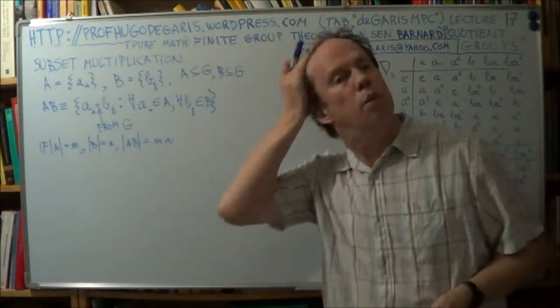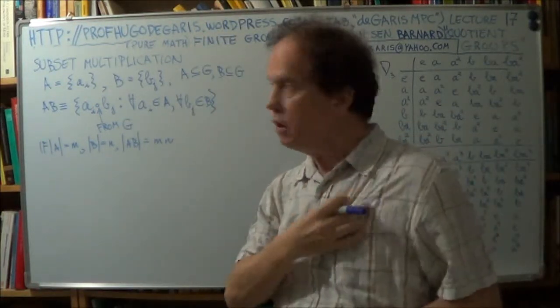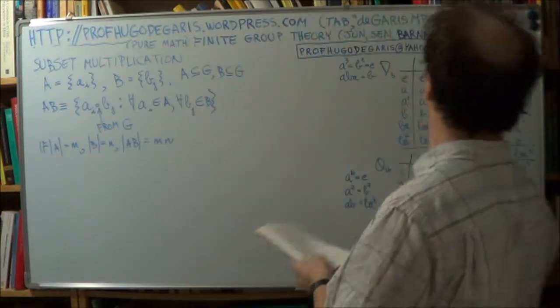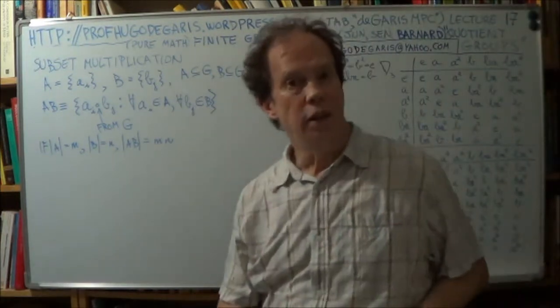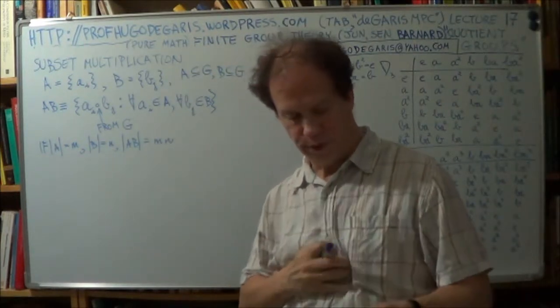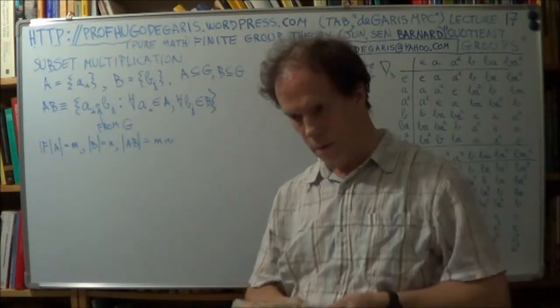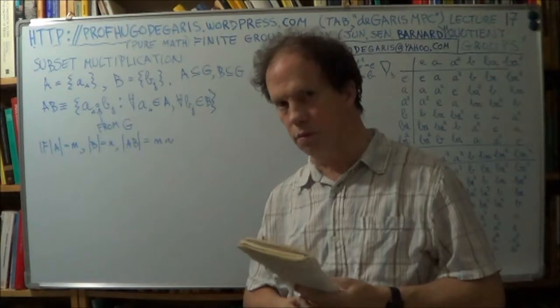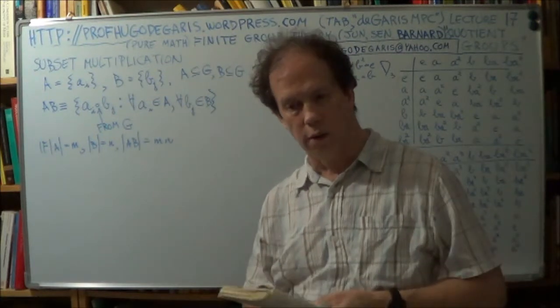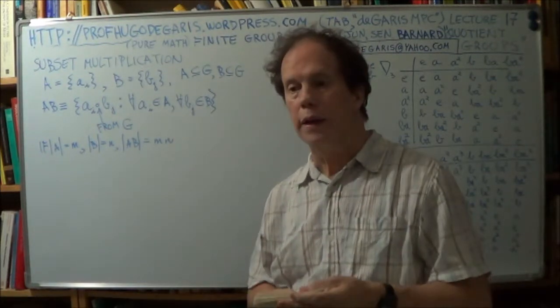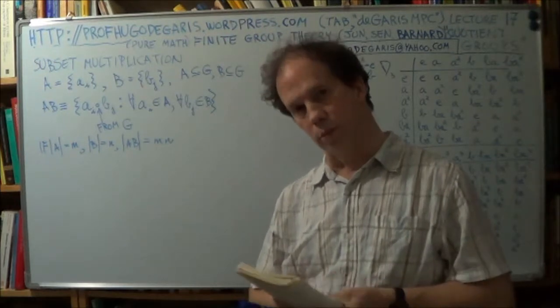This is the problem-solving portion of lecture 17 on quotient groups. Now, I've mentioned a bit earlier that we would do some examples of what I call subset multiplication.